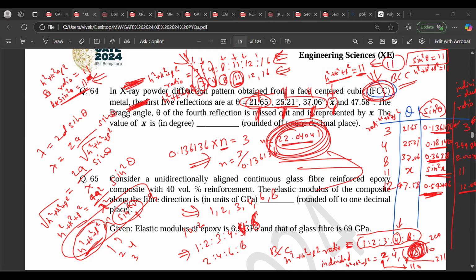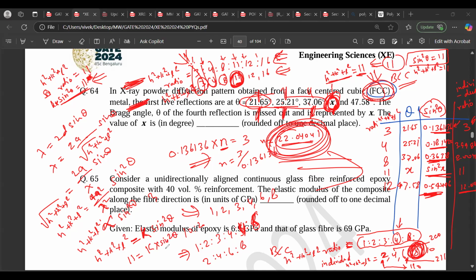Why? Because your h square plus k square plus l square is directly proportional to sine square theta. So if you want to remove the proportionality sign, you put h square plus k square plus l square equals a constant k into sine square theta. For the fourth peak, if my h square plus k square plus l square value is 11, I can put 11 equals constant k multiplied by sine square theta.